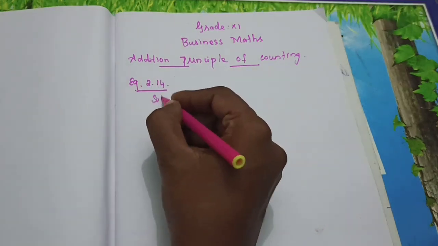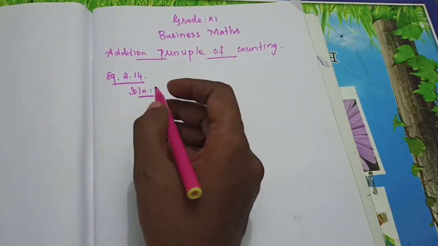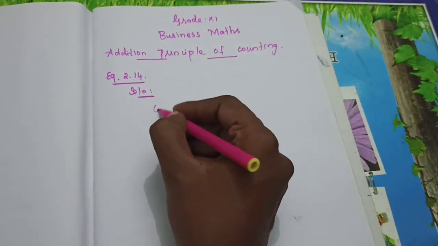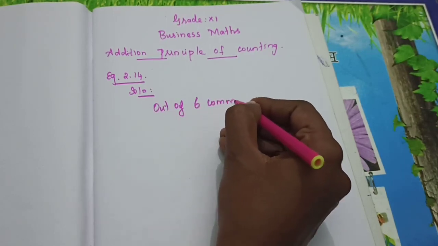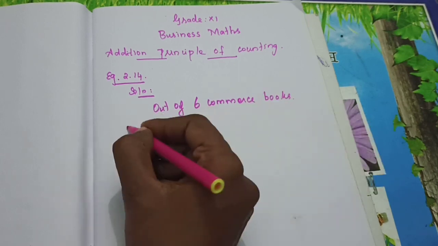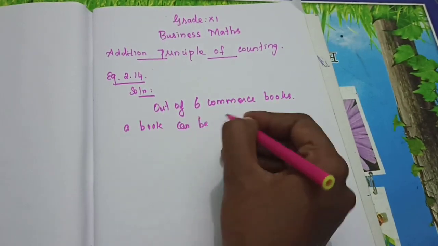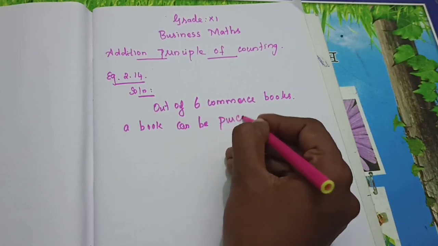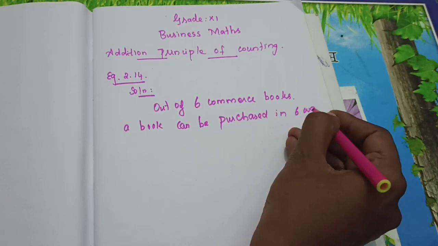Solution. How many commerce books are there? 6 commerce books. So out of 6 commerce books, a book can be purchased in how many ways? 6 ways. Is it right?